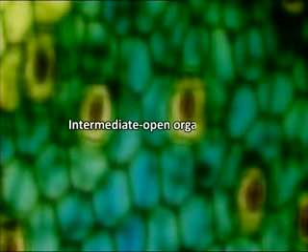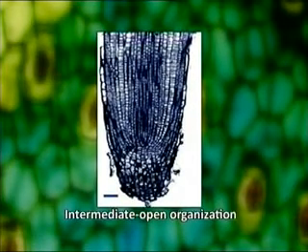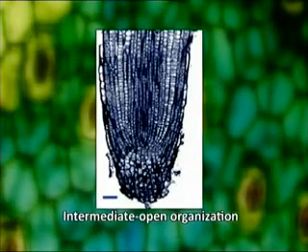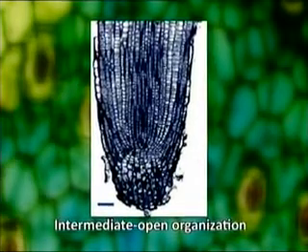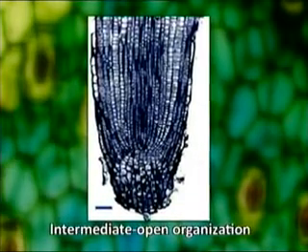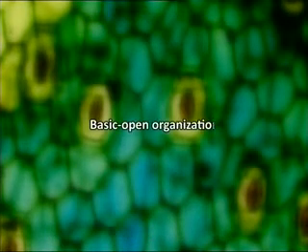Now, number 2, intermediate open organization. In this type, examination of the zone at the boundary of root cap and body shows some level of organization, particularly for the epidermis-root cap lineage. But the clear and specific identity of initial tiers is lacking, for example in carrot. Basic open organization.